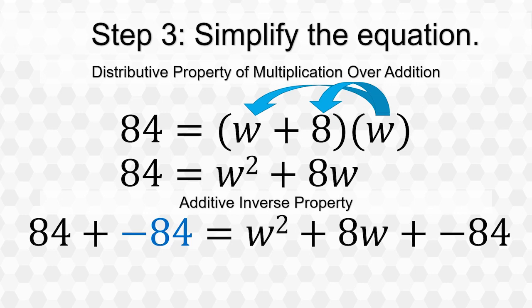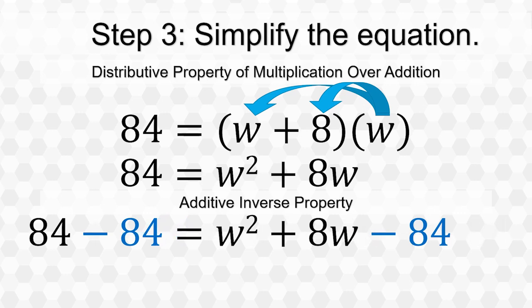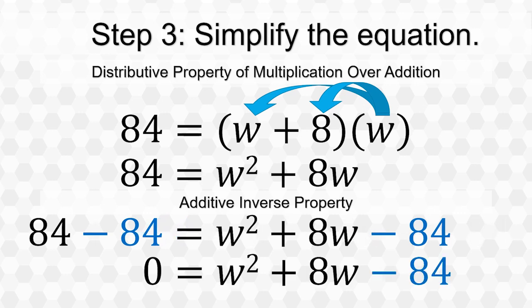Doing this, we'll have 84 plus negative 84 equals W squared plus 8W plus negative 84. From our previous algebra lessons, we learned that adding a negative number is also the same as subtracting it instead. And so, we'll have 0 equals W squared plus 8W minus 84.